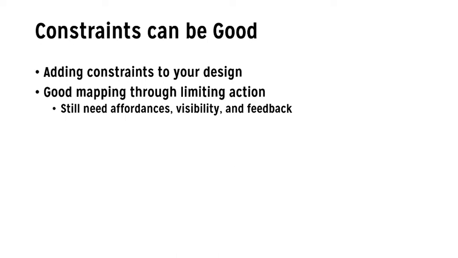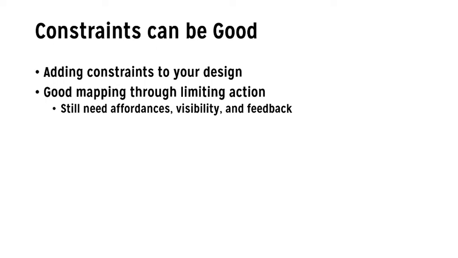And in saying that, we don't need to make them deceiving. These constraints that we put in still need to have affordances. So if you have that one button on the page, it still needs to look like a button, or it still needs to have some kind of signifier saying that it's clickable. That gives one predictable outcome. So if it's clear, with affordances, with visibility, it's easily seeable.